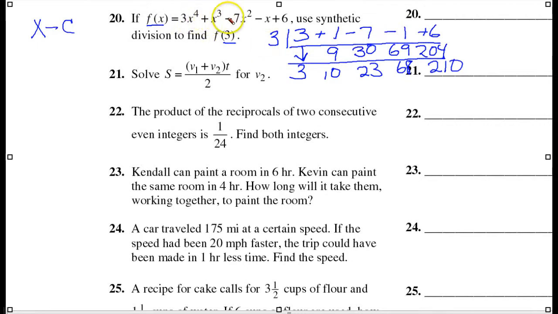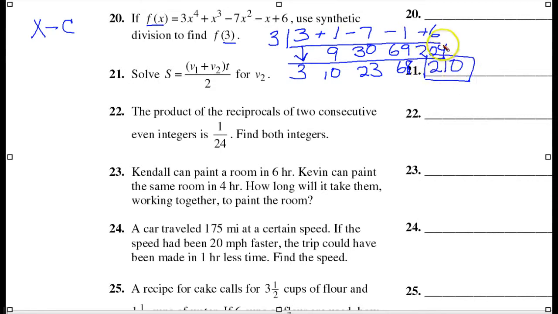We take the coefficients of each of our terms, put them there. We bring the 3 down, then go 3 times 3 is 9. 9 plus 1 is 10. 3 times 10 is 30. Subtract 7 is 23. 3 times 23 is 69. Subtract 1, we get 68. 3 times 68 is 204. Add 6, we get 210.